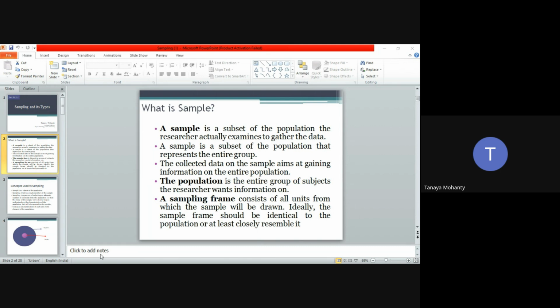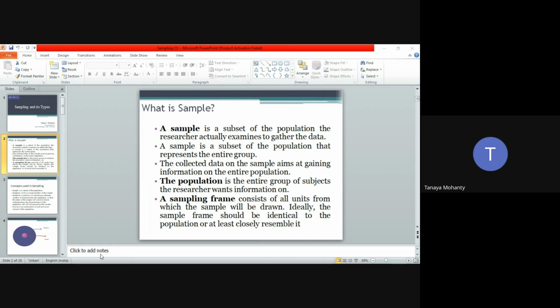So, for example, if I am trying to have a study on a particular classroom, say your MA first year classroom in Bhubaneswar, what makes the sampling frame? Now, the sampling frame represents all the units in the population or the universe. That means the attendance register that I have makes the sampling frame.